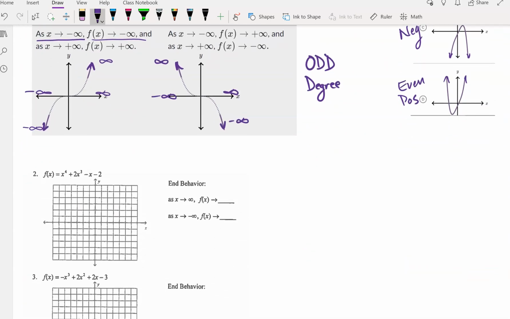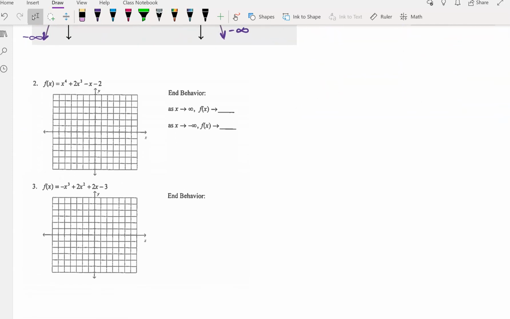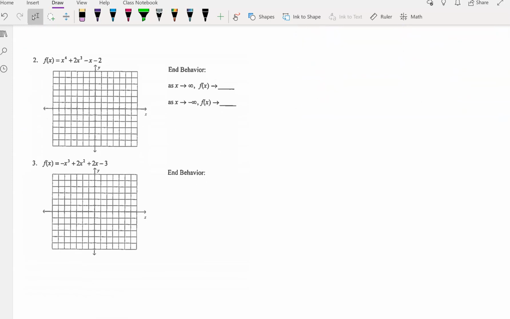Okay? So we're going to shoot on up here and look at an example of something that you might see. All right? And I don't really even need to graph this to be able to describe the end behavior. I know the leading coefficient is 1, so my a value is equal to 1. My degree is equal to 4, so I know it's going to be an even degree polynomial function, and it has a positive leading coefficient.